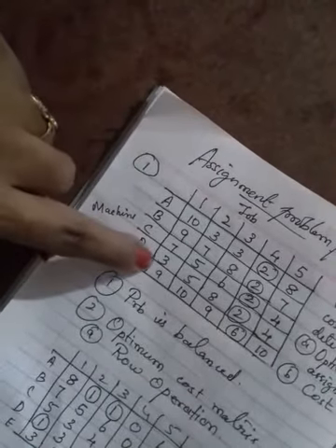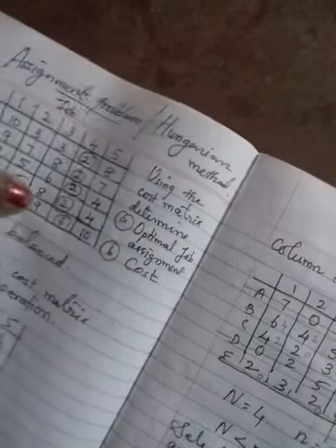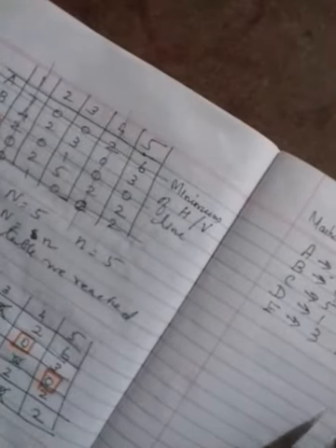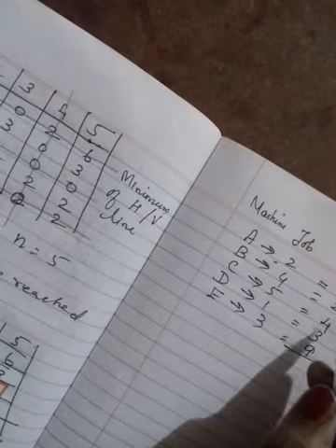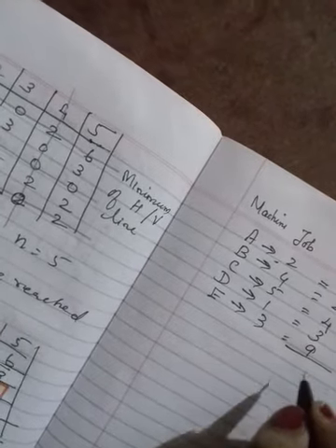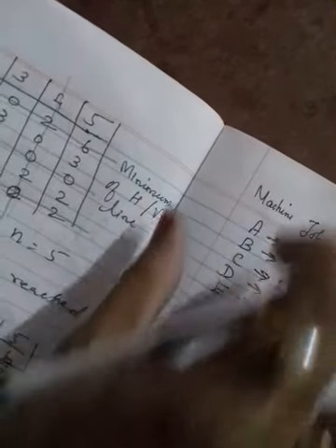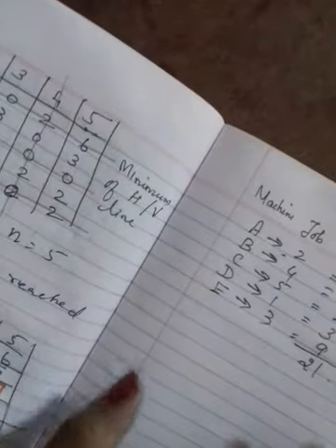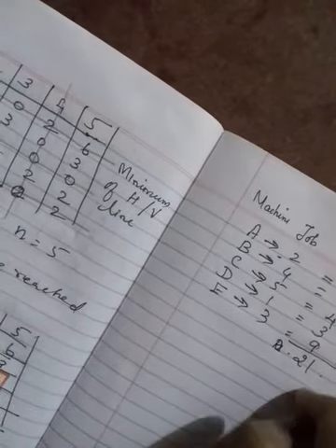D is 1, that is 3. And E is 3, so 9. Here, add these values: 21.